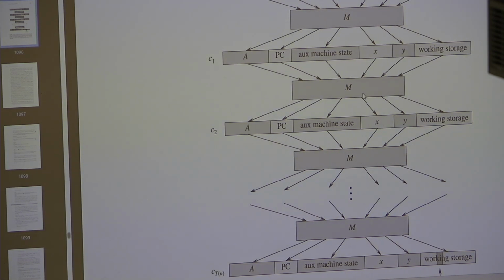What is the depth of this circuit? Each row of the circuit corresponds to a time step. The depth is in fact the time times M, which is a constant depth circuit.